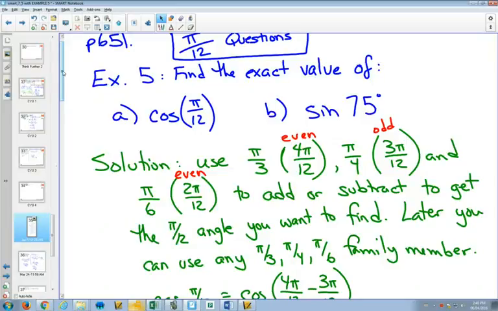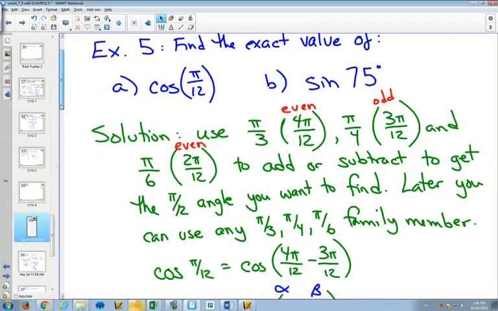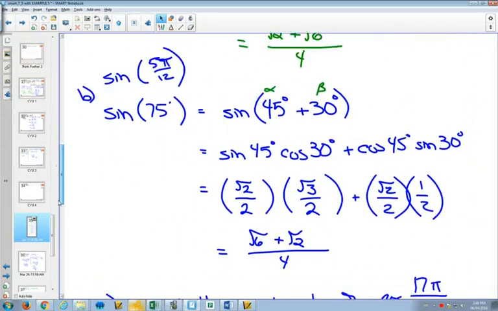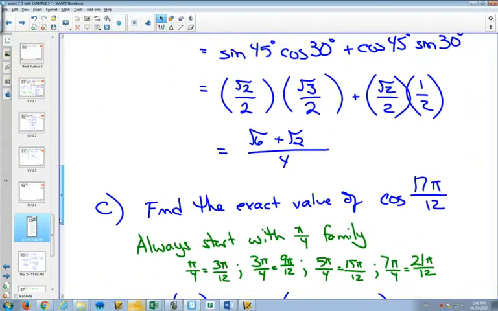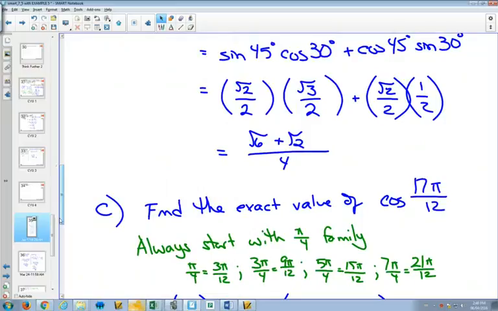When it's written as pi over 12, it's always an even number. The only way to get an odd number is using the pi over 4 family, because pi over 4 will give you 3 pi over 12. In fact, any pi over 4 family, if we scroll down here, pi over 4 is 3 pi over 12, 9 pi over 12, 15 pi over 12, 7 pi over 4 is 21 pi over 12. They always give you odd numbers.